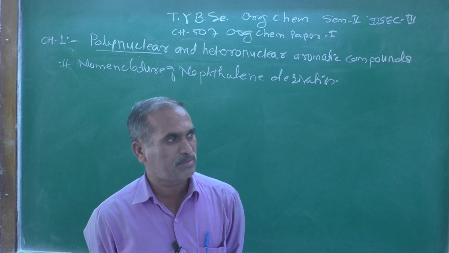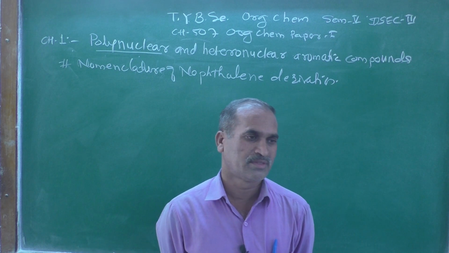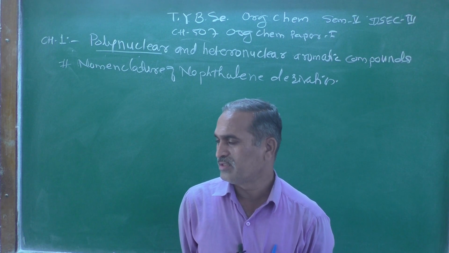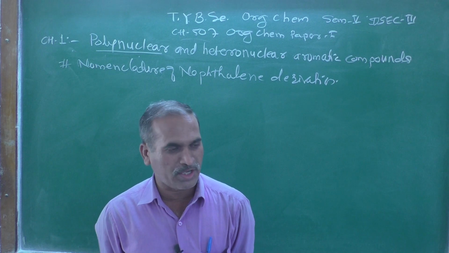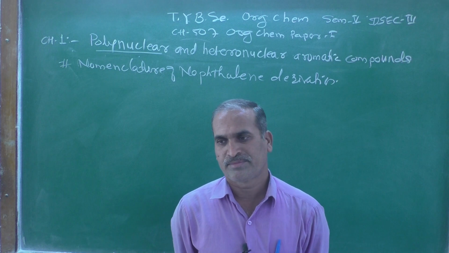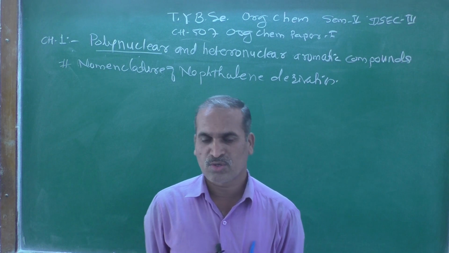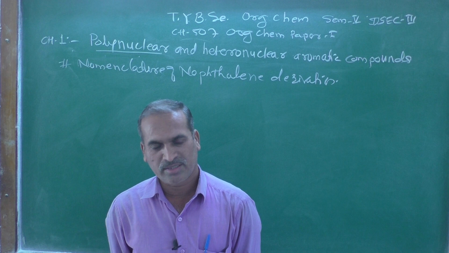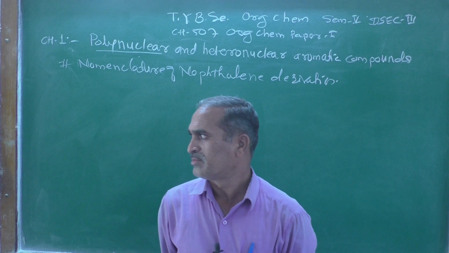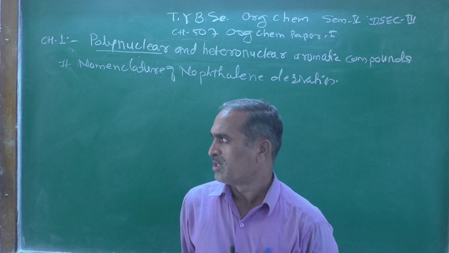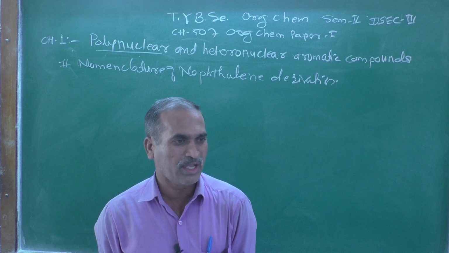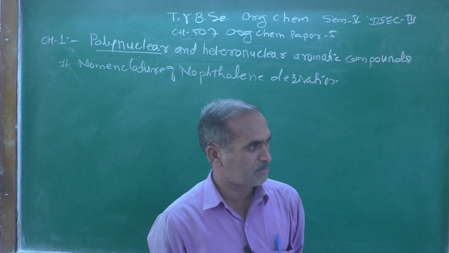In the common name system, the scientists gave names to some compounds according to their history. Some of them are known by their common names, but there is a difficulty in naming some compounds.